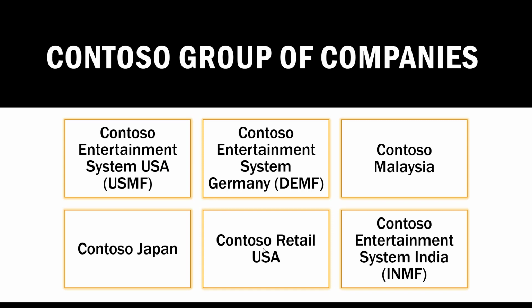And this is because we would like to differentiate the businesses, as the financials for Contoso Entertainment System USA, for example, earnings, profits, etc., is different from the financials for Contoso Retail USA. Now, this means that they are legally registered as two different companies and are shown and managed as two different legal entities within the same Dynamics 365 Finance and Operations system.